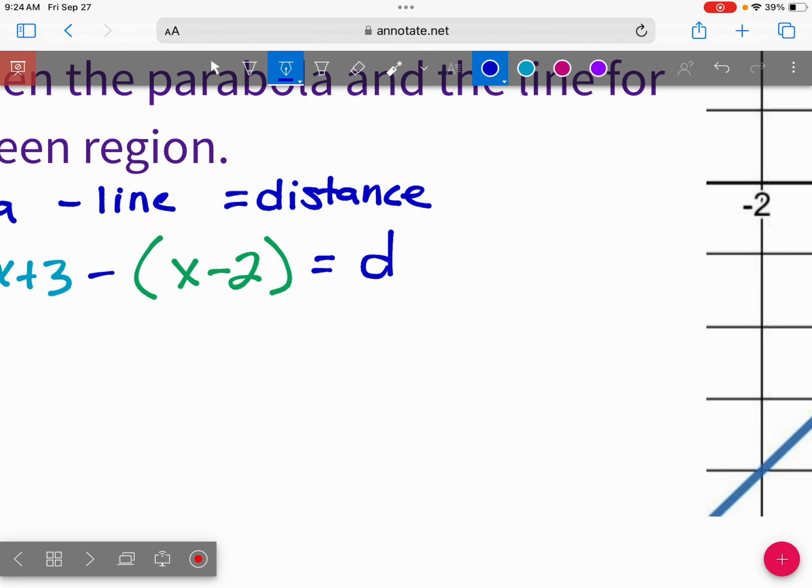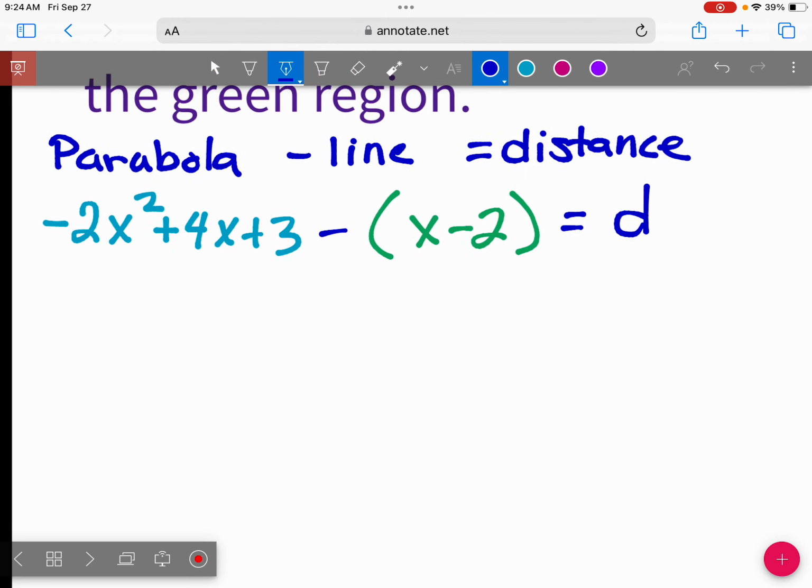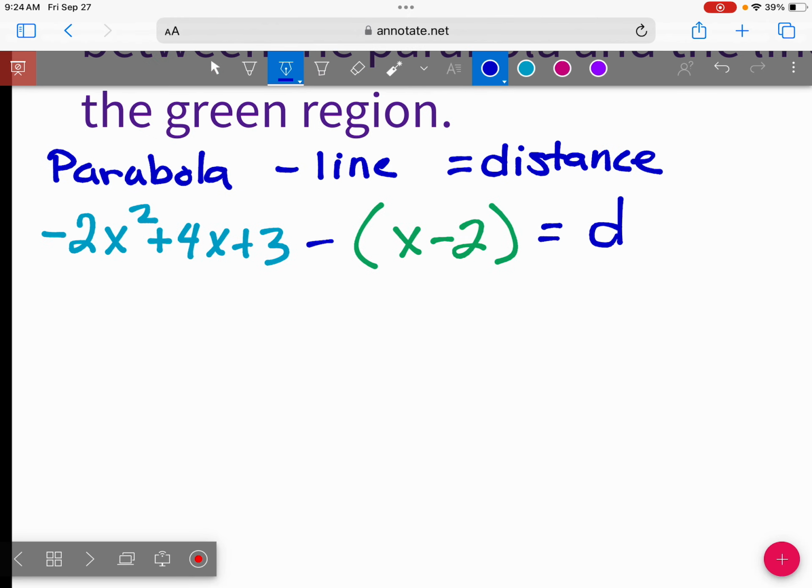Okay. So let's simplify the left-hand side before we start talking about where we're going to do that. Let's simplify this. Minus 2x squared. I don't have anything I can combine that with, so we're just going to have our minus 2x squared.